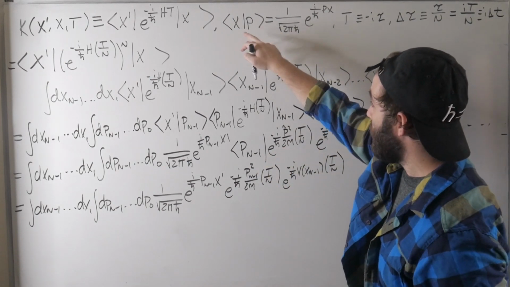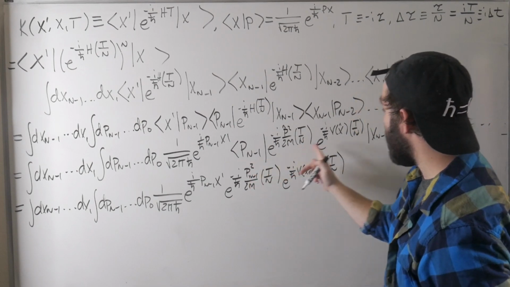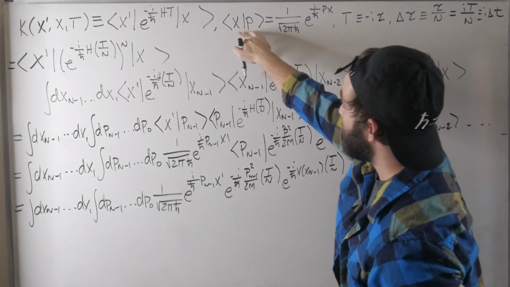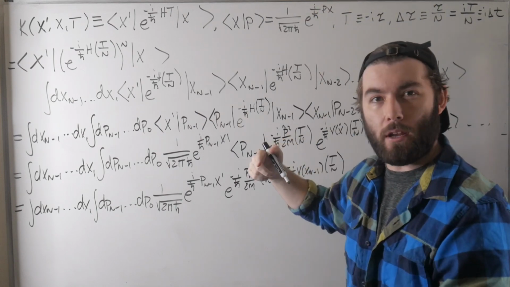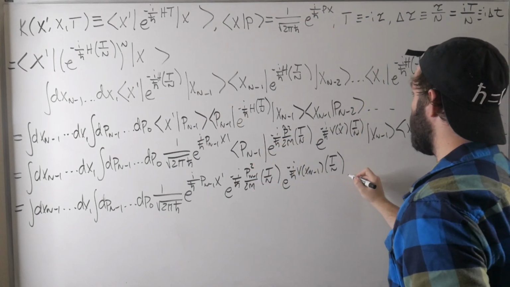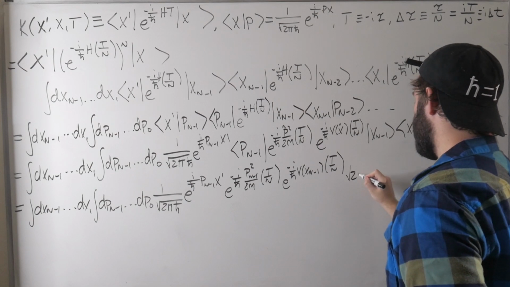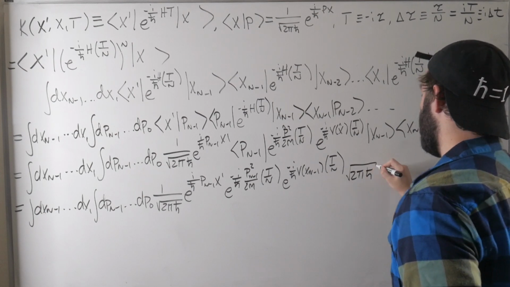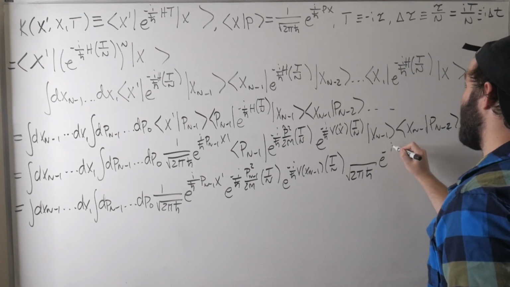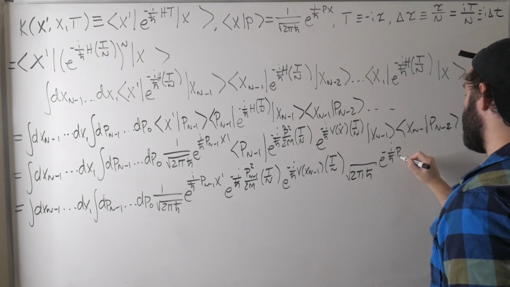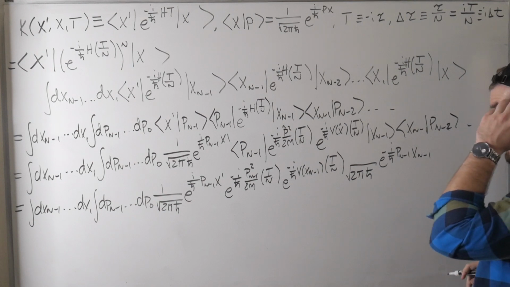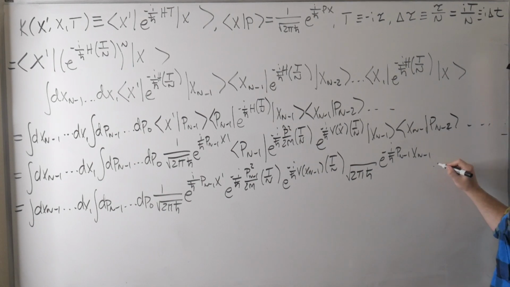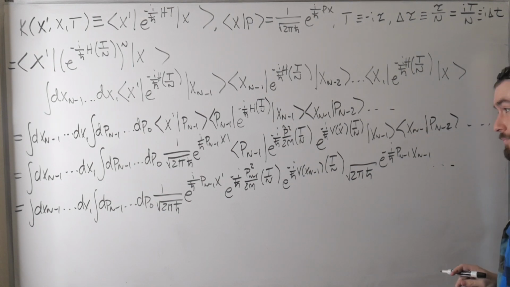Since now we have effectively p dot x, the only thing that changes is this gets a relative minus sign, because it's like the reverse Fourier transform. So this is going to be a root 2 pi h bar e to the minus i on h bar, p sub n minus 1, x sub n minus 1. Great, I hope that was clear. Times all the rest, times all this stuff again.